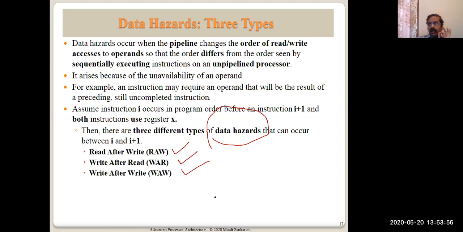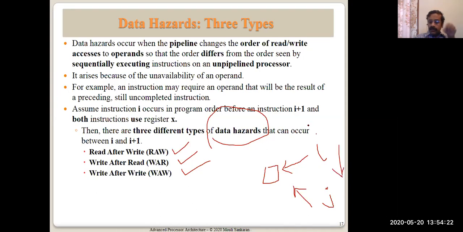So these three combinations of data hazards we get when we have a common register being accessed by two different instructions. Let me call this one I, the later instruction J. Then there will be a hazard when this order is not maintained.